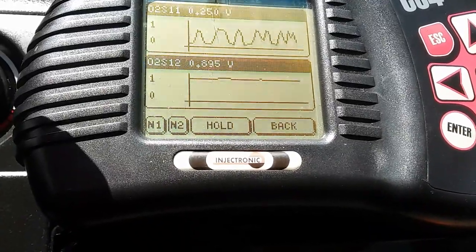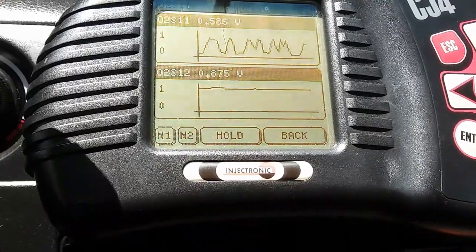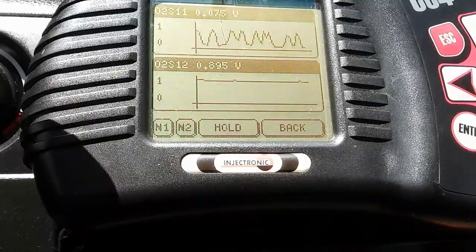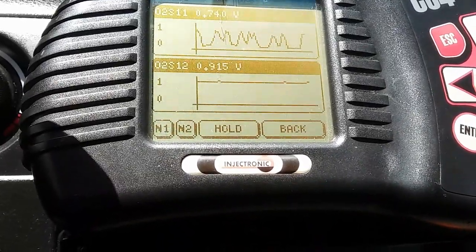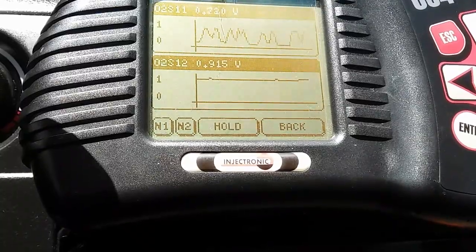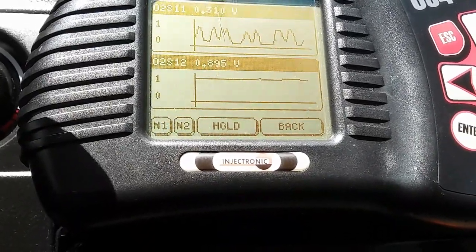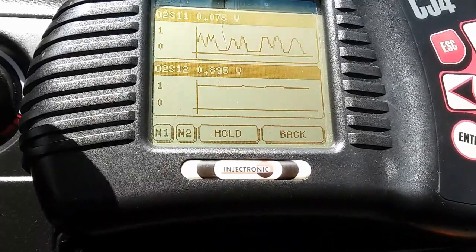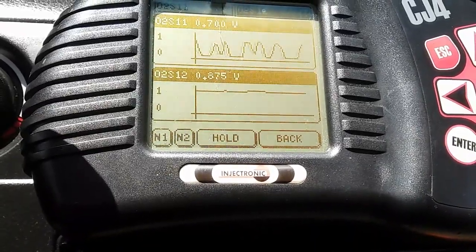So I'll say by using this method number one, by using the scan tool and looking at the O2 sensor data, I'll say that for now this catalytic converter is working properly. Maybe this is an intermittent P0420. Maybe at times this catalytic converter is not working to its efficiency, and that's the reason why this code is being triggered.